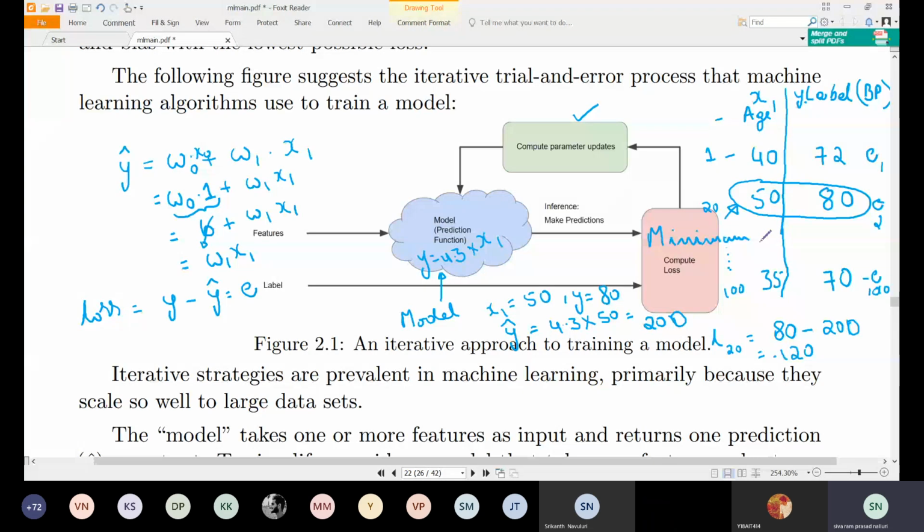So it is an iterative approach. Initially you give training to a regression algorithm, and the regression algorithm will come up with one model which says y cap is equal to 4.3 into x1. That is model 1.